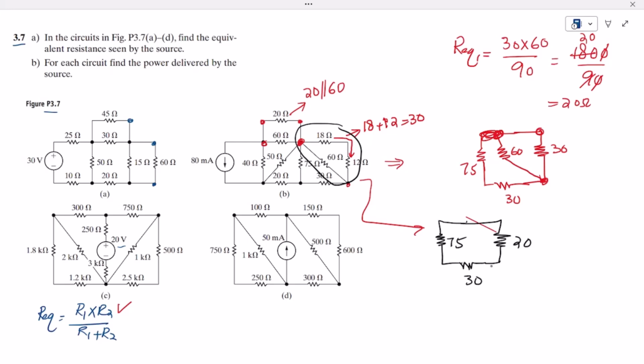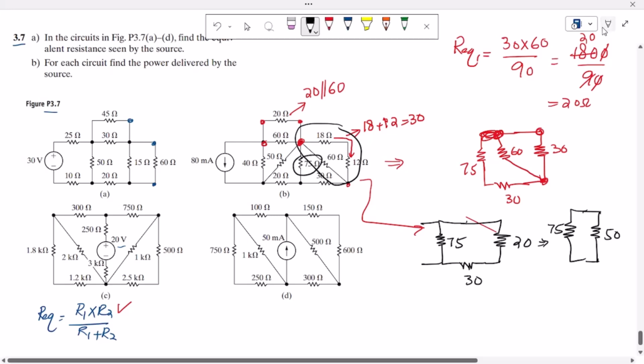So 20 plus 30 is now 50. This 50 and the other circuit here, so this will be the 50, is in parallel with 75. Okay, this 75, you can see.